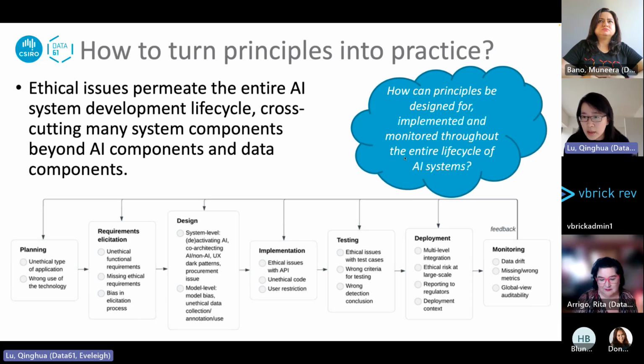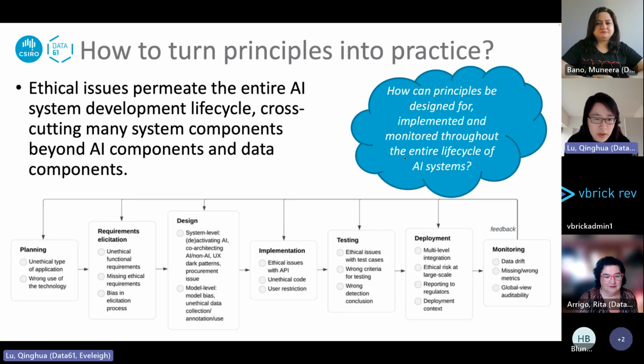If you look at the existing solutions in academia and in industry, most of them are still at algorithm level, talking about data privacy or algorithm fairness. But ethical issues can happen at any step of the AI system development lifecycle, and can cut across different components, not just AI model components and data components.